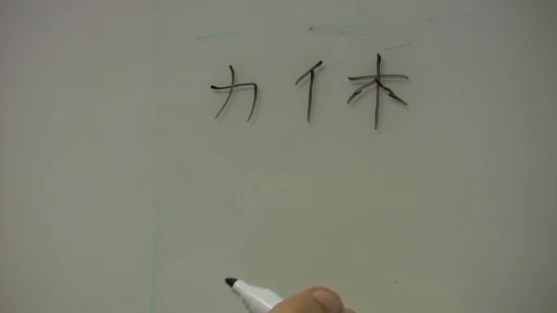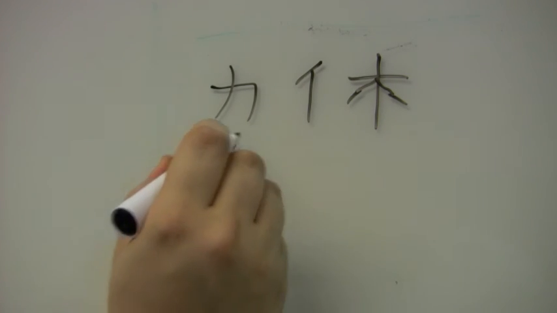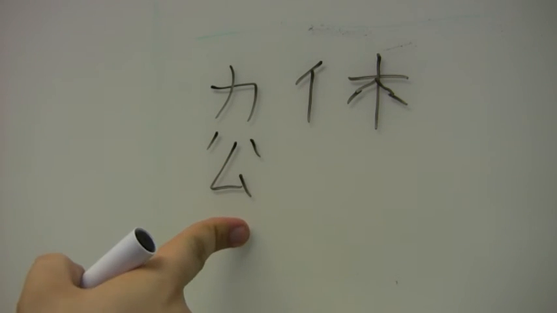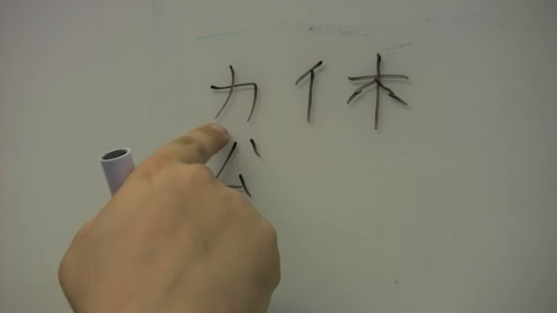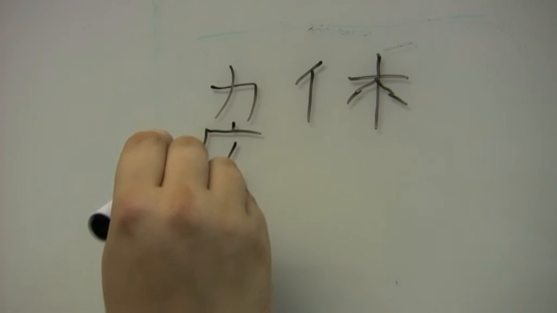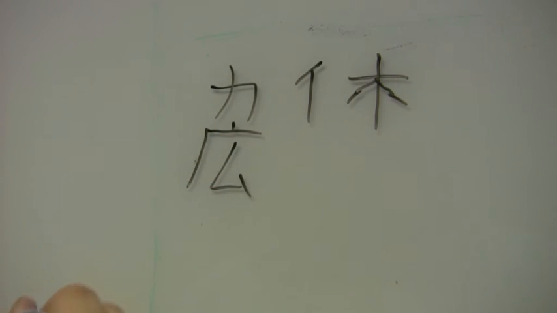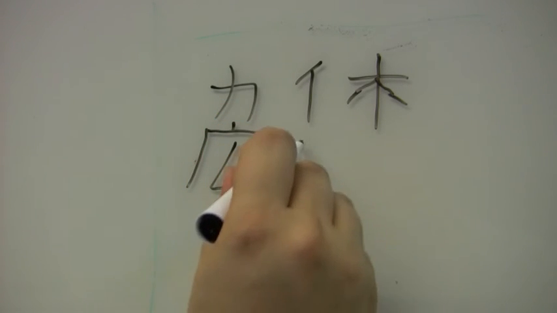You basically draw it, fill it in, and then you have the tree back again. Mu, if you just add these two, is ko, and it's like official. Or if you add the hat that goes down or whatever, it's hiroi, wide.